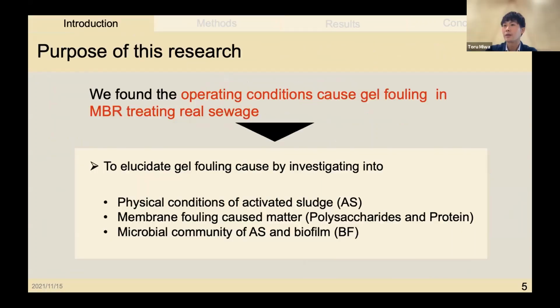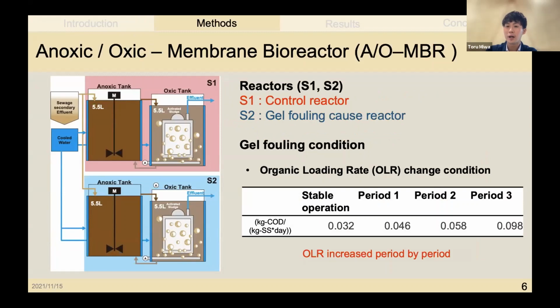Okay, for the methods, we used two anoxic membrane bioreactors. One is the control, named S1, and S2 is the gel fouling cause reactor. In S2, we operated this reactor under gel fouling conditions.